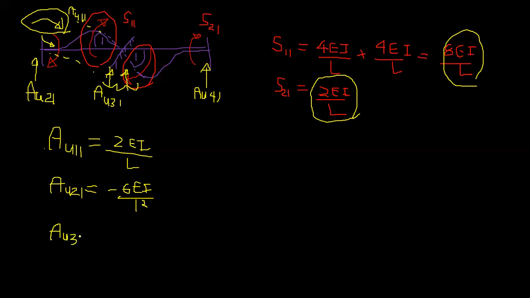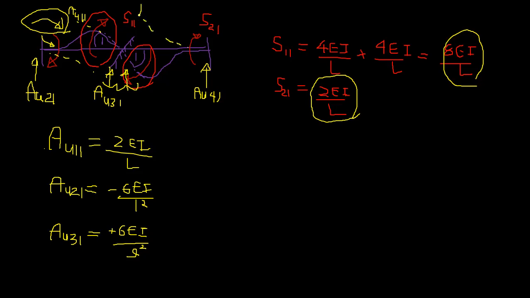AU31. So this tries to bend this beam in this way. So this means this end it tries to go down. So this should push it back. So that means it is in the upward direction. And here, if you check this end, this tries to rotate this beam like this.